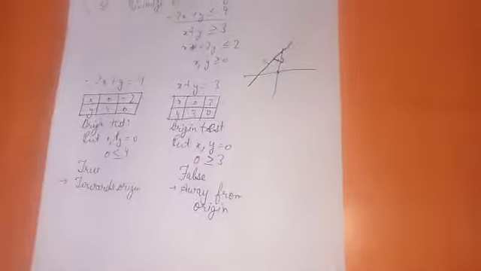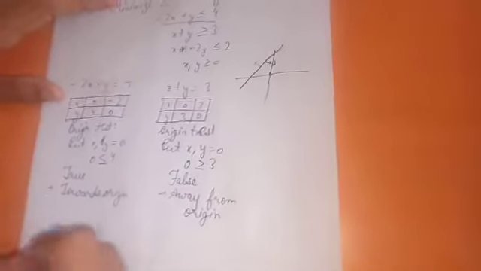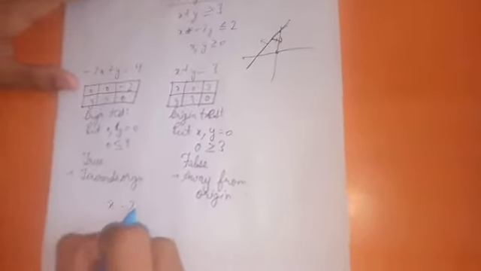Similarly, we find it for our last constraint, x minus 2y is equal to 2. Again we will make a table for it, x and y. If x is 0, y is minus 1, and if y is 0, x is 2.